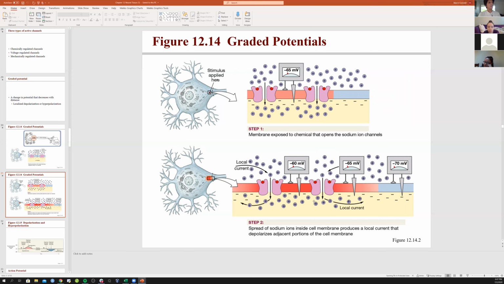A graded potential will only change the local environment, because this channel can only affect this particular area. In this example, the positive charge went into the cell, making it 10 millivolts more positive here, nearby 5 millivolts, and a short distance away it didn't affect it. It's still at negative 70 millivolts.